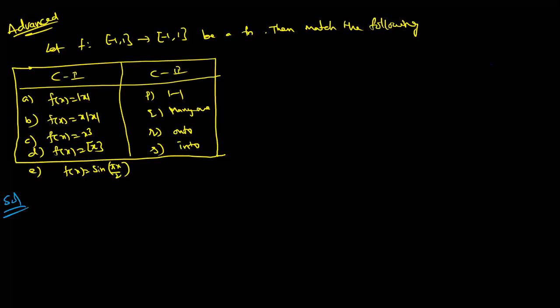See the domain, codomain. Check it. Which one is the one-one function, onto function, into function? Take the pen, rub book, and write on paper. Try, otherwise I will explain.